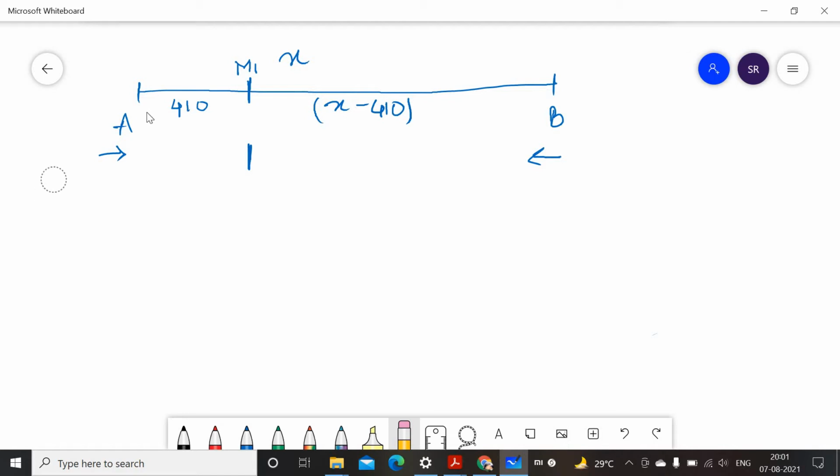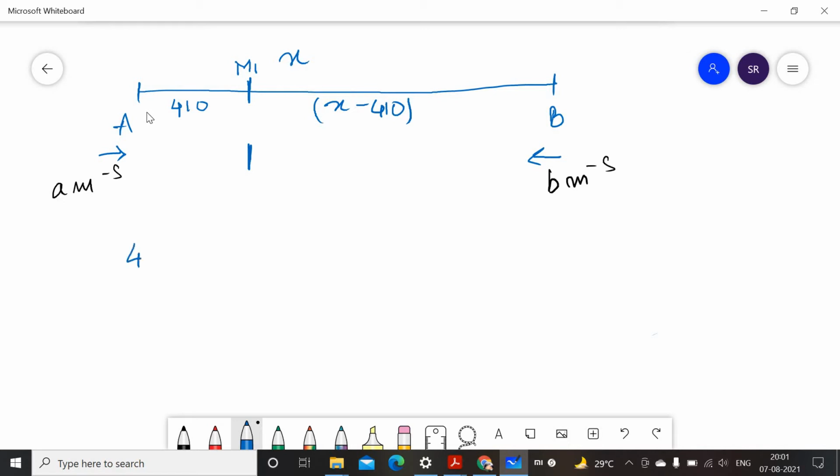So we will take speed of A to be A meter per second and B to be B meter per second, right? So we know that speed is also not constant. So the only thing that is constant is time, because at the time when A reaches here, the same time B reaches here. So we know that time is constant. So we will try to equate time, right?